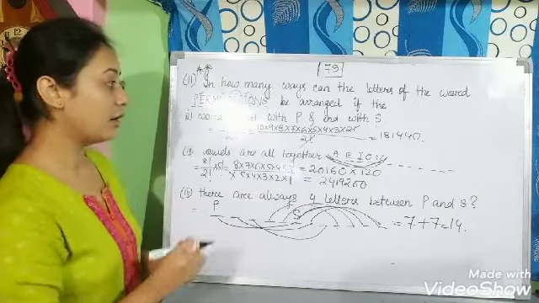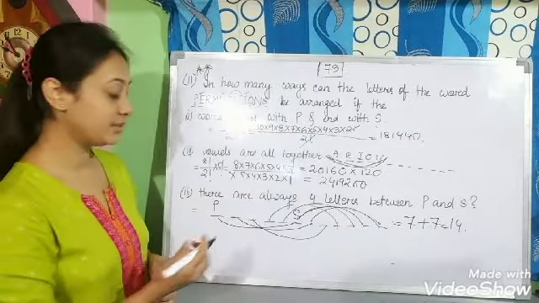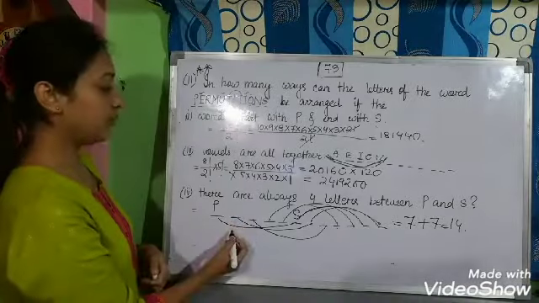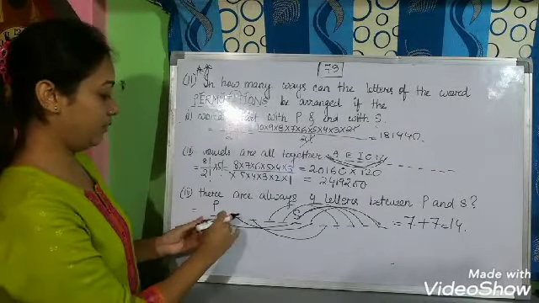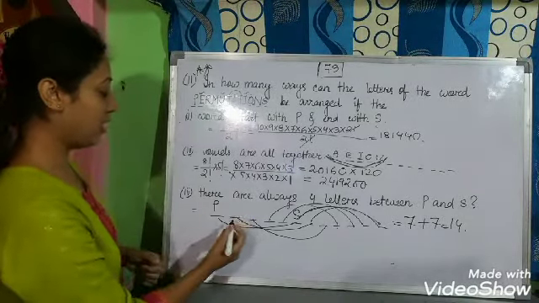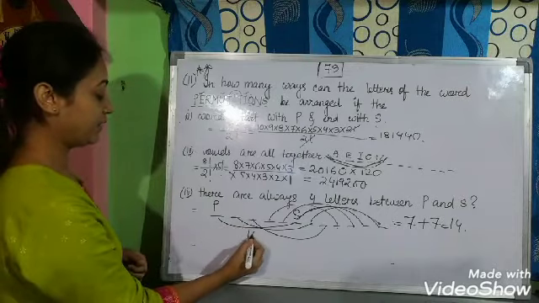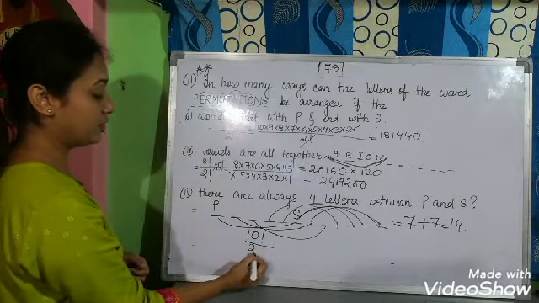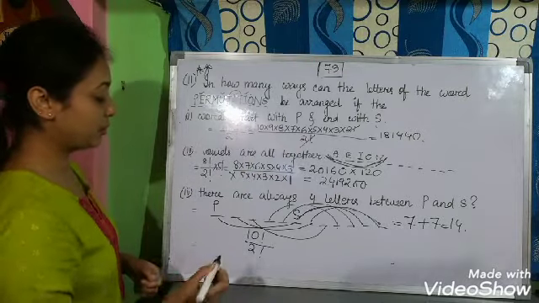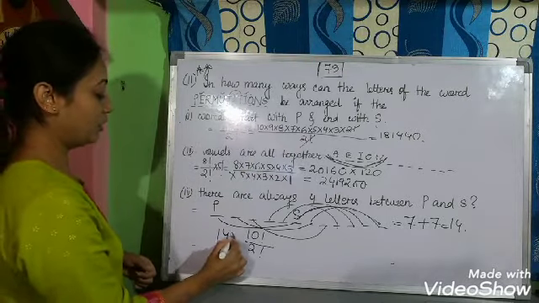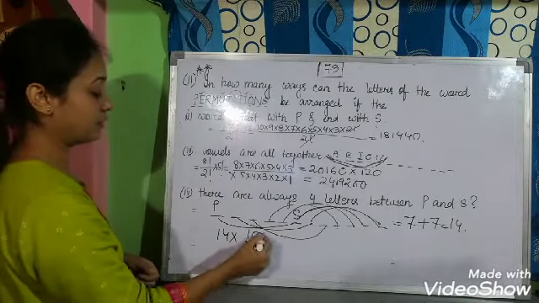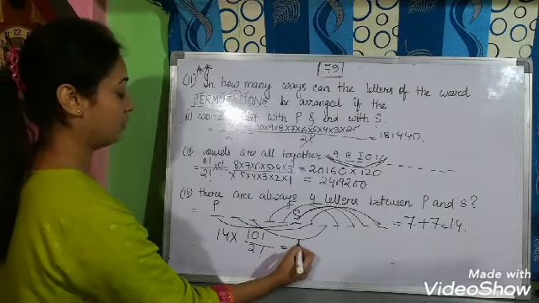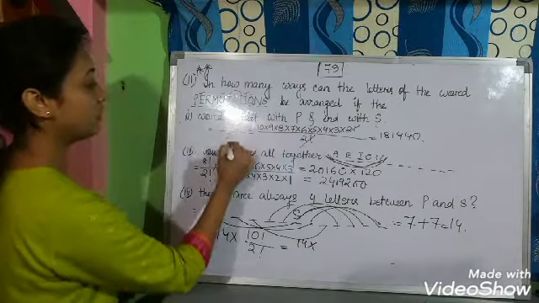Now the P and S arrangement we have found, that is 14 ways. So remaining how many letters are there? 10 letters. Hence the 10 letters can be filled in the remaining places in how many ways? 10 factorial by 2 factorial. Why 2 factorial? Because T is repeated. Hence total permutation is equal to 14 into 10 factorial by 2 factorial.